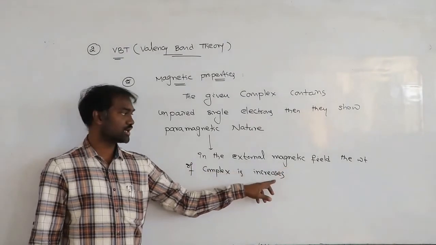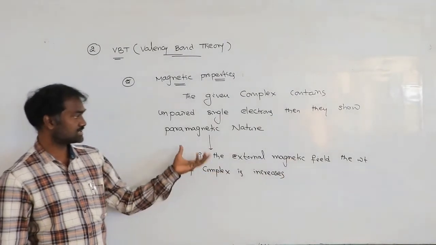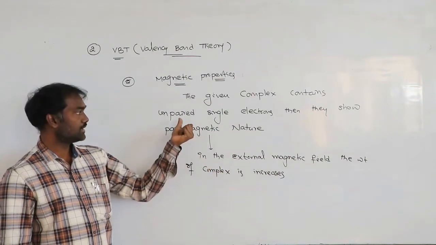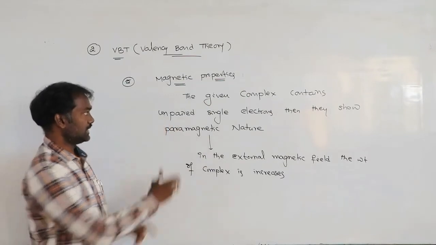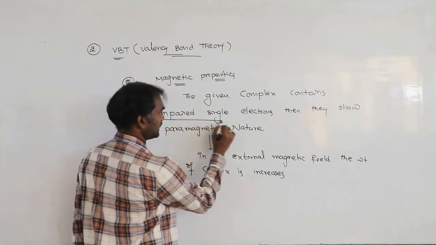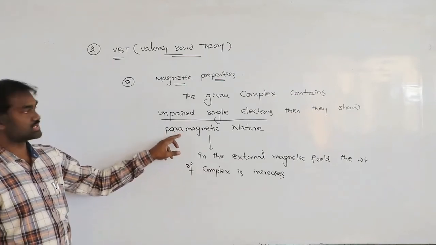So if weight increases in the external magnetic field, experimentally it is paramagnetic. The unpaired single electrons are responsible for the paramagnetic nature.